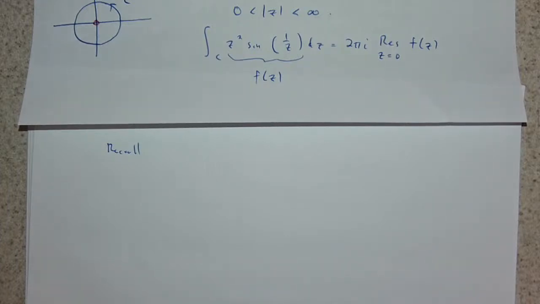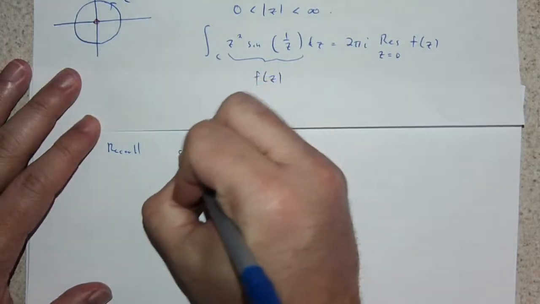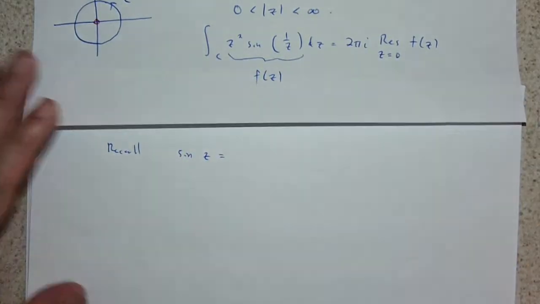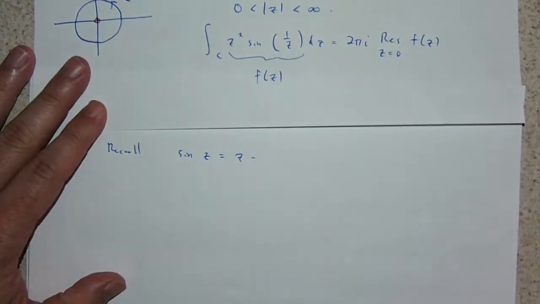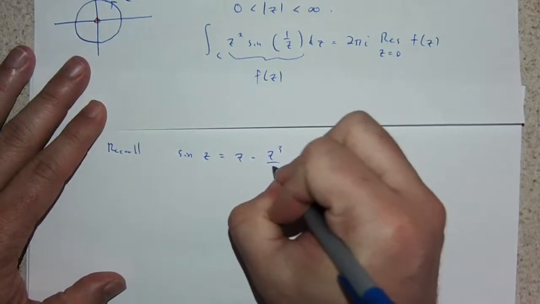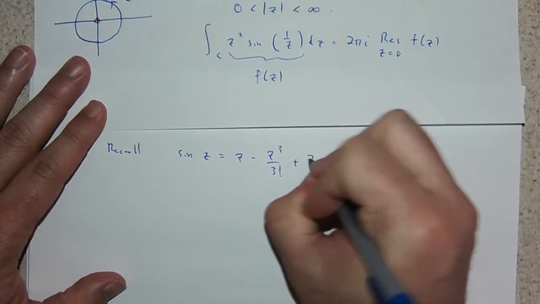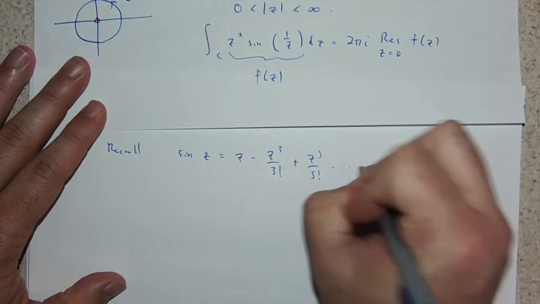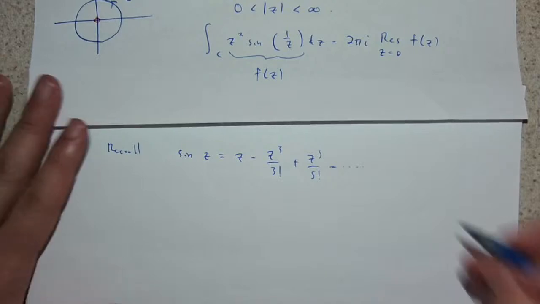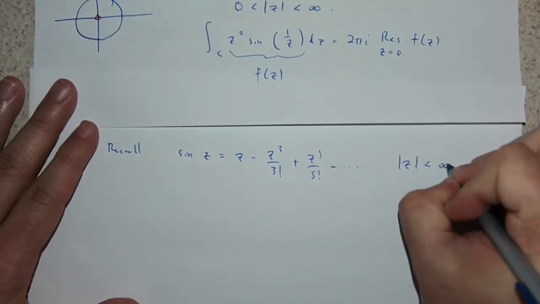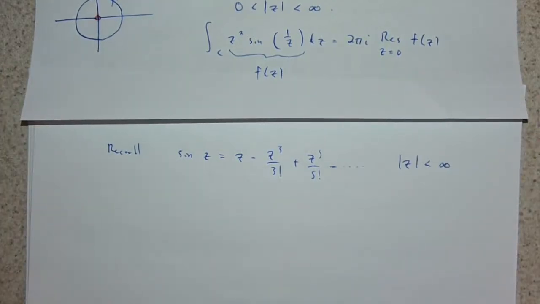So as usual, the way that we find the Laurent series is to use something we already know about Laurent series and Taylor series. Recall that the power series expansion for sine z is the usual z minus z cubed over 3 factorial plus z to the 5th over 5 factorial and so on. And this of course is valid everywhere on the entire complex plane.